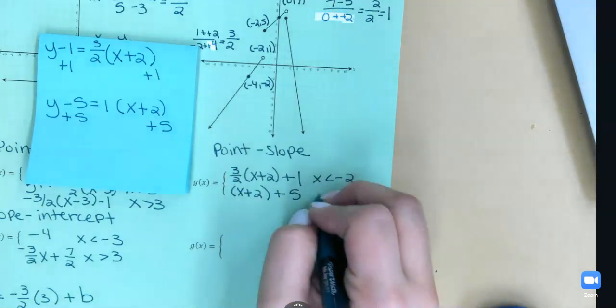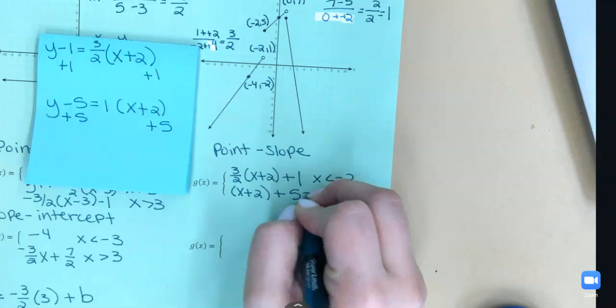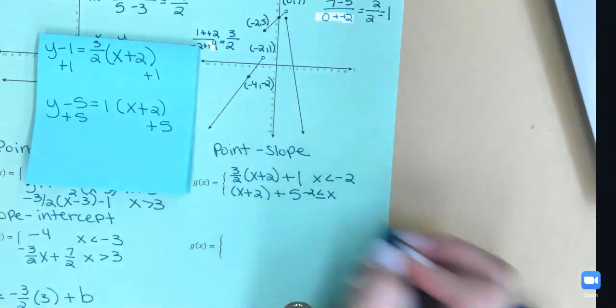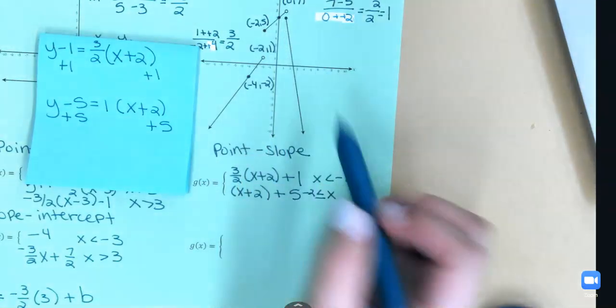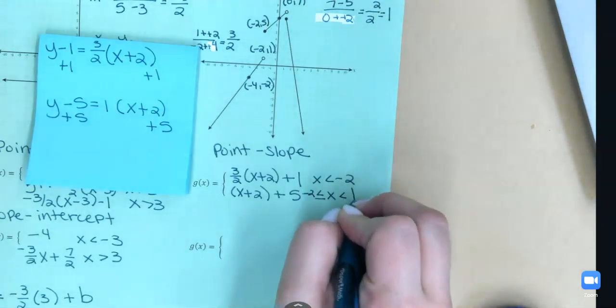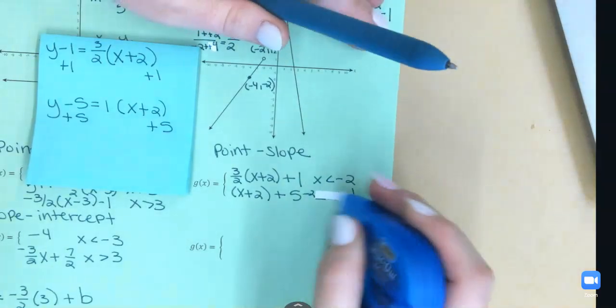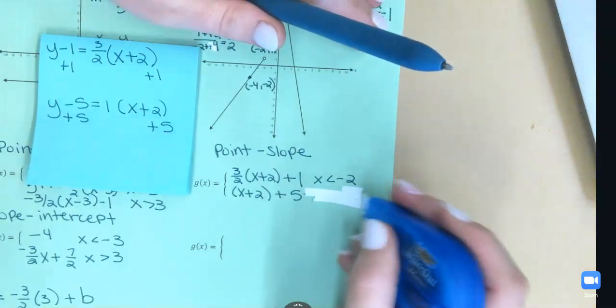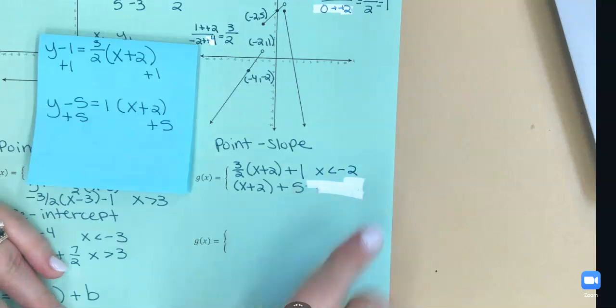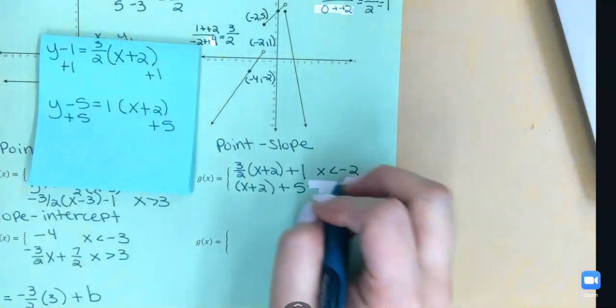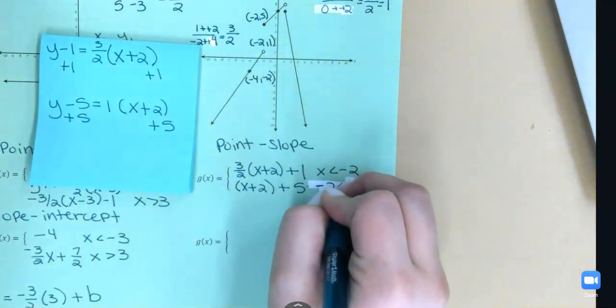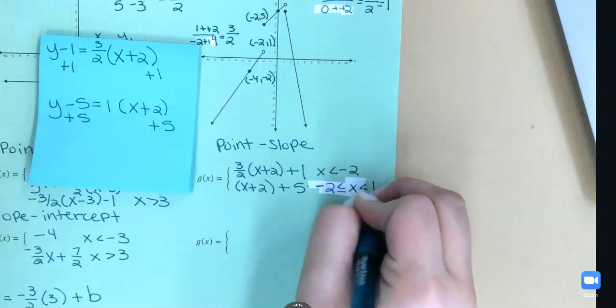When x is between negative 2, that's a closed circle, so it gets underlined, and positive 1, which is an open circle, so it does not get underlined. And that got real crowded in there, so I am going to fix that just a little bit to make it more clear that x is between negative 2 and positive 1.